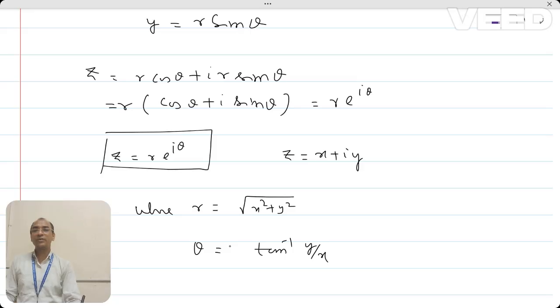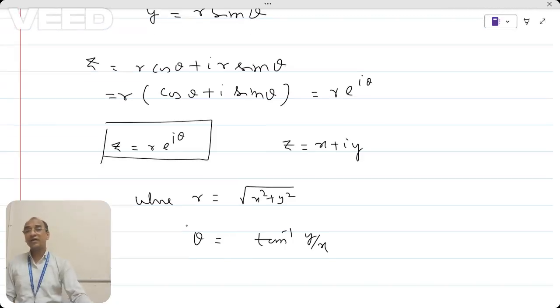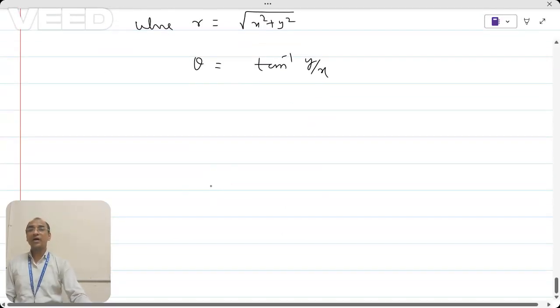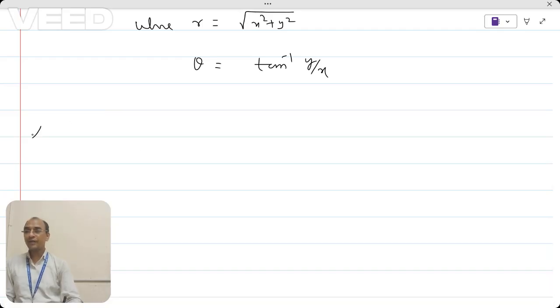In this case, how can we check whether it is analytic or not? For that, the CR equation in polar form.